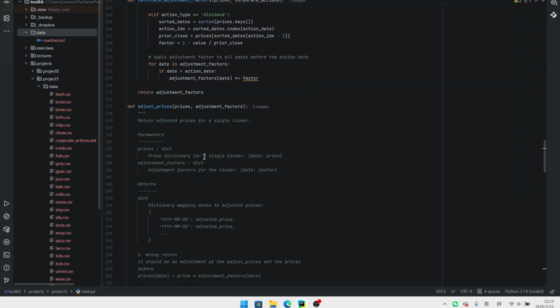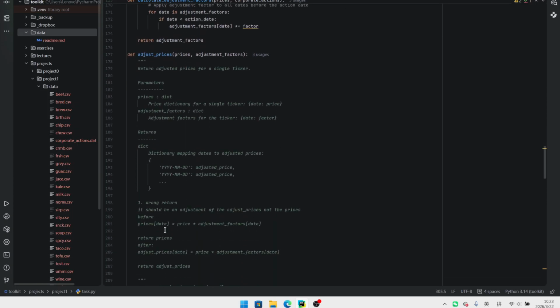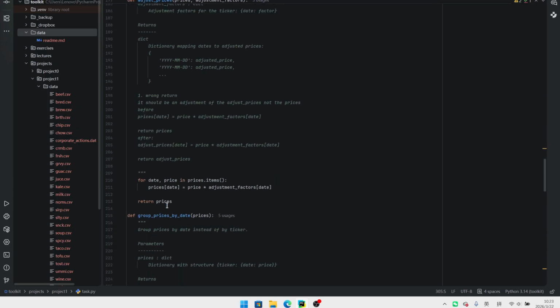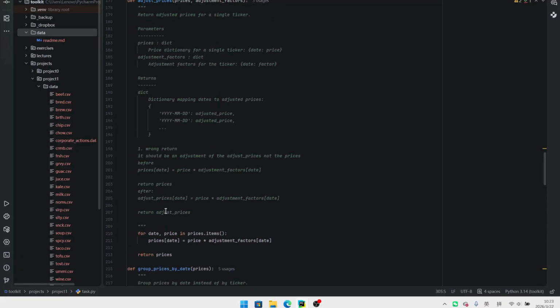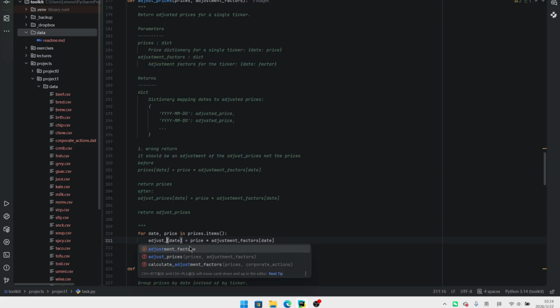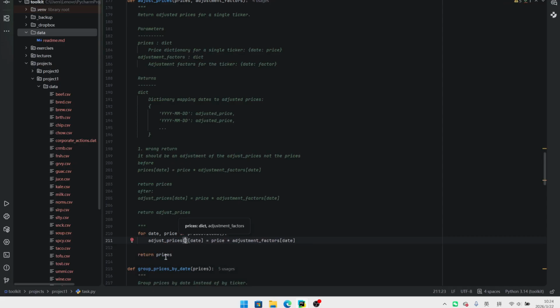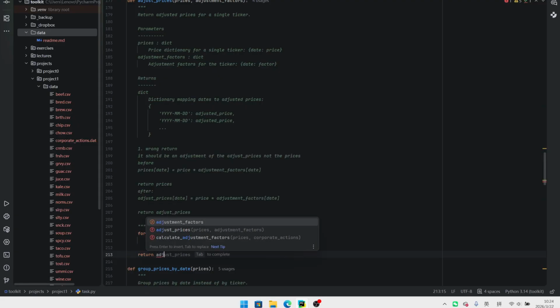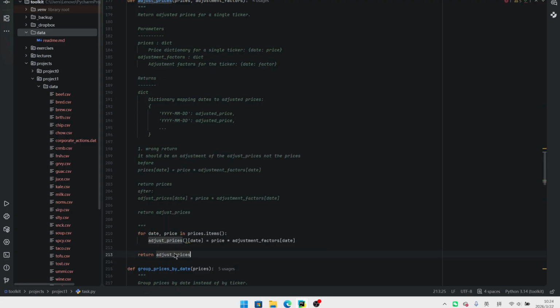We have just finished. And for the adjust price, that's a key problem because we need to change the name of the, yes, because we need the adjust price.